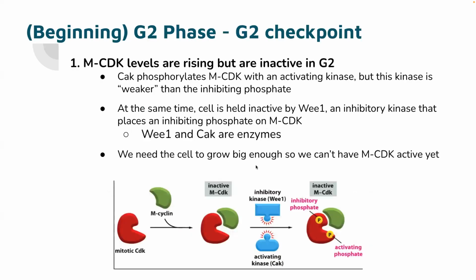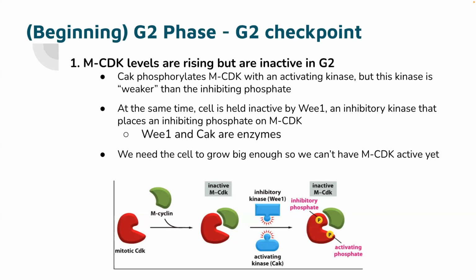Okay, so at the beginning of G2 phase, MCDK levels are rising but are inactive. And then CAK phosphorylates MCDK with an activating phosphate, but it's still weaker than the inhibiting phosphate.